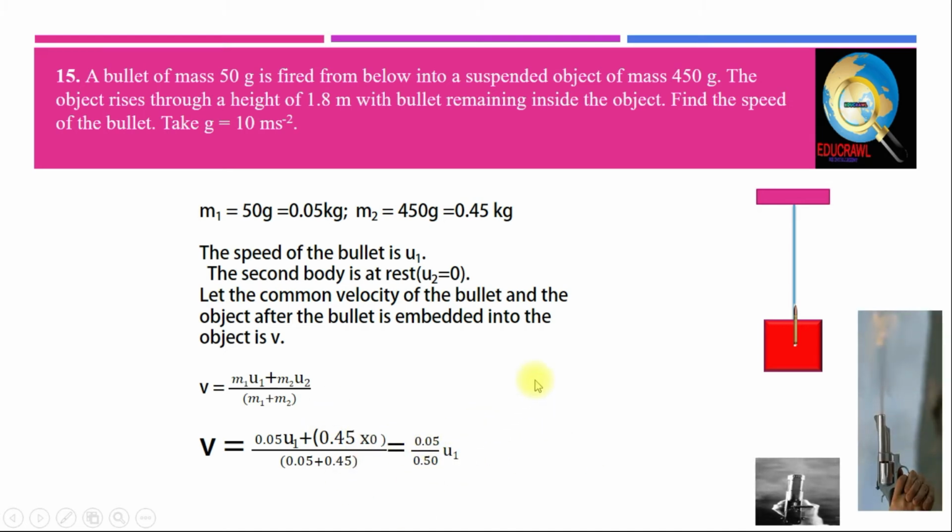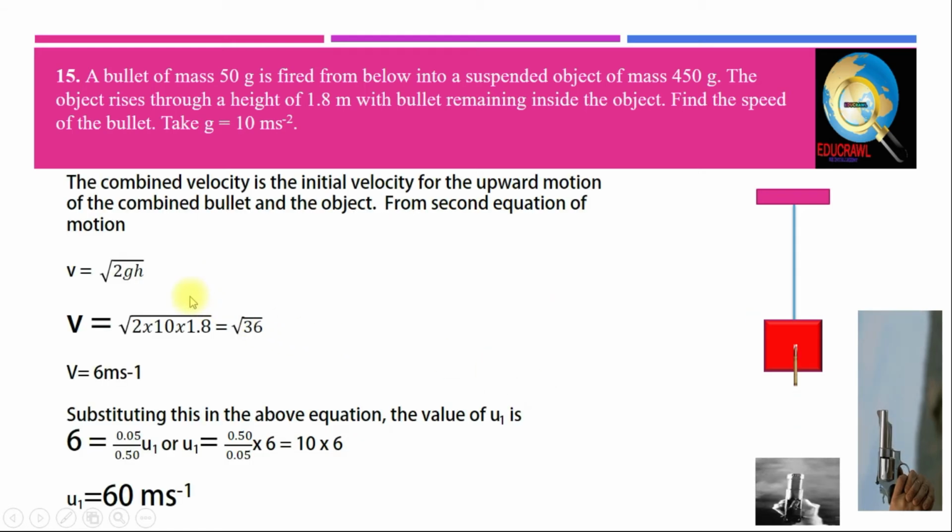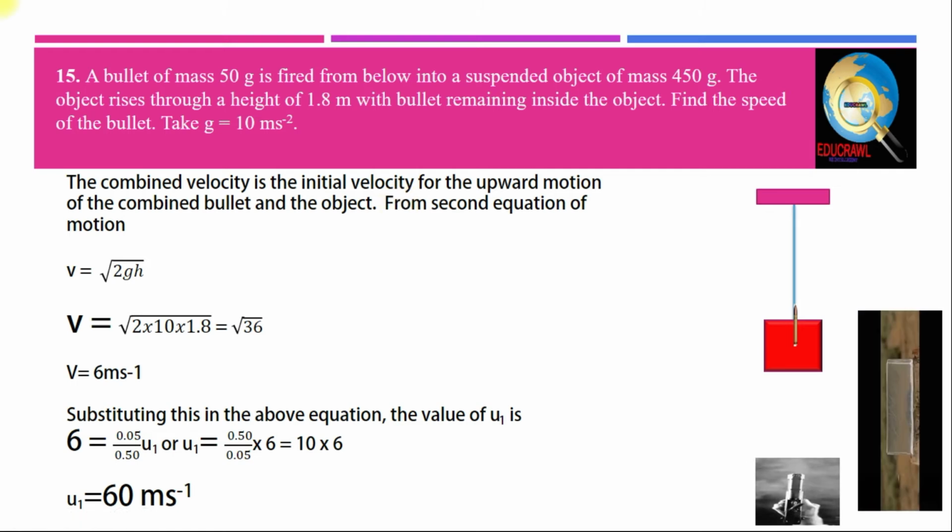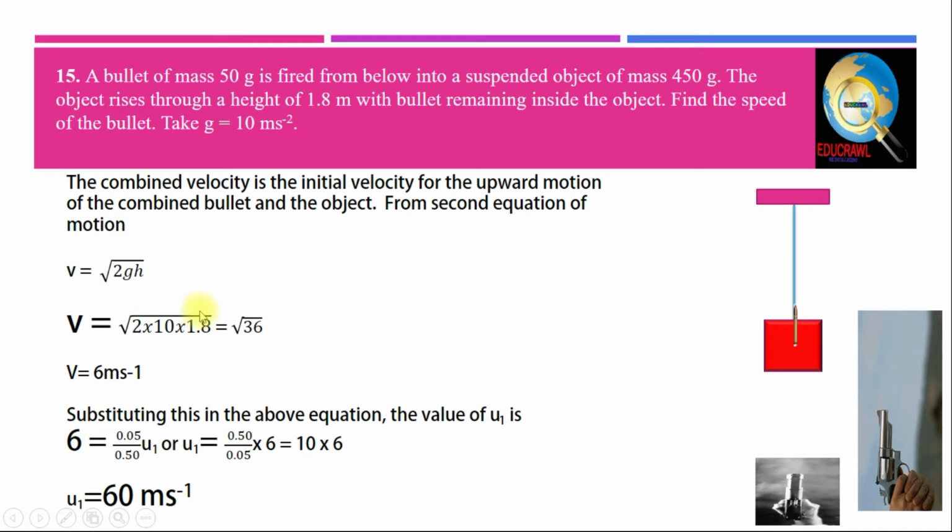Next, the combined velocity will be the initial velocity for the upward motion. So from the equation of motion, which we have already discussed in the previous problems, V squared is equal to u squared plus 2gs. There u is assumed to be 0.